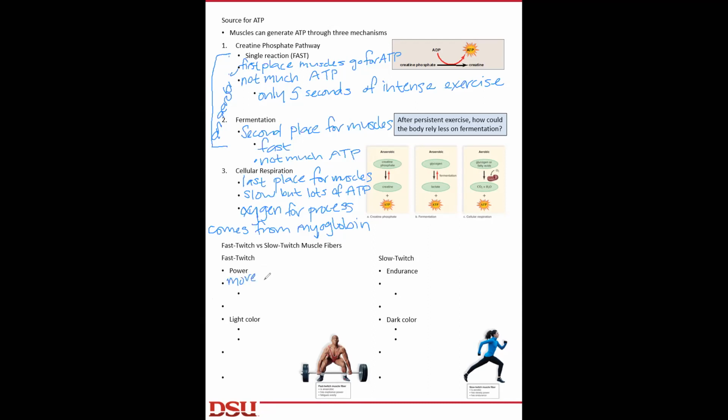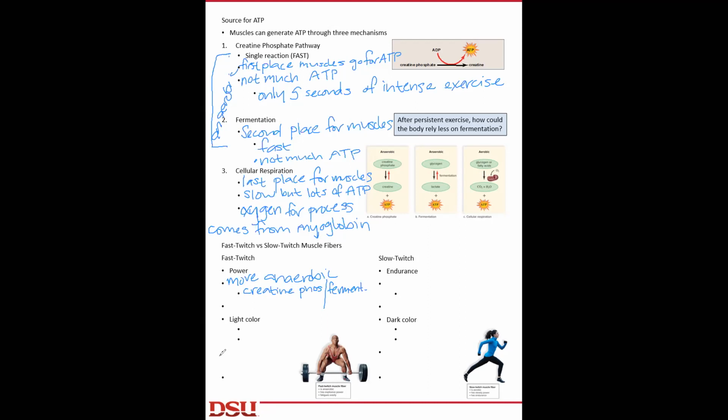So the more anaerobic processes, so creatine phosphate and fermentation. If this is more anaerobic, which organelle would you think there would not be a lot of?